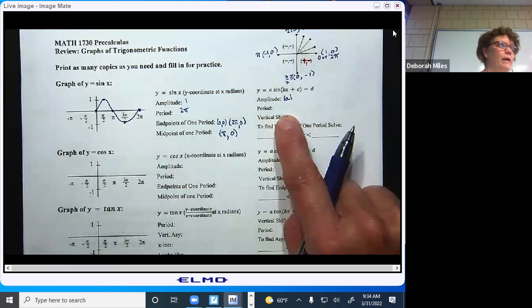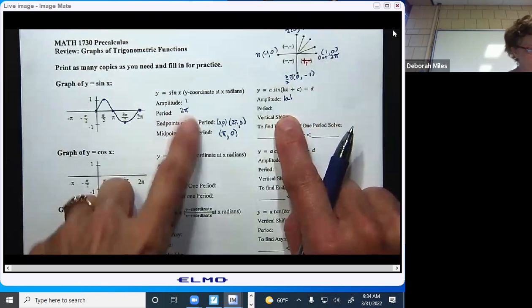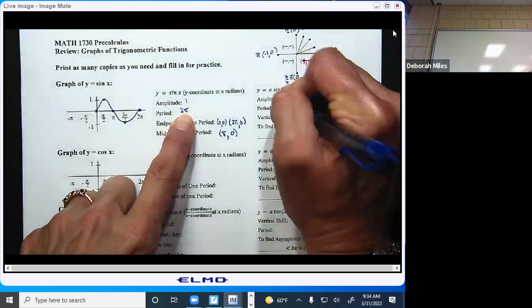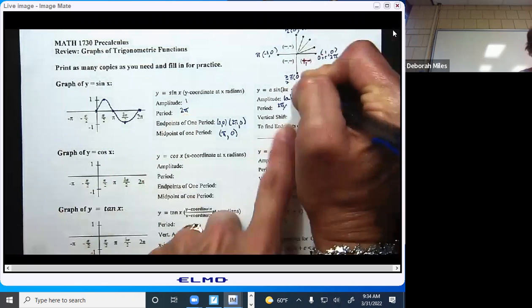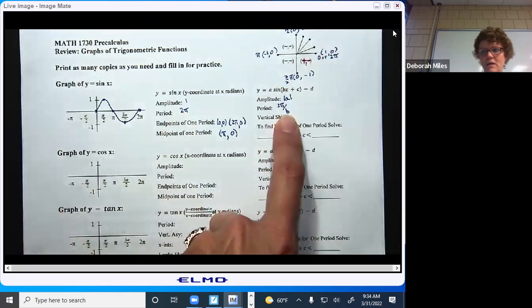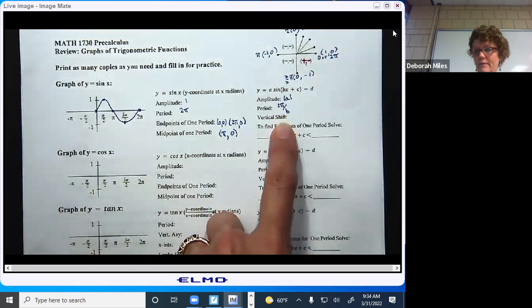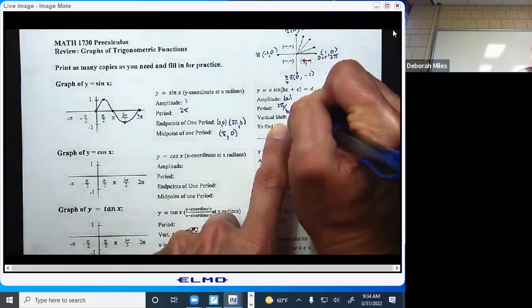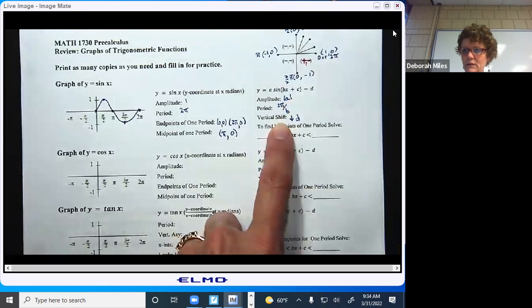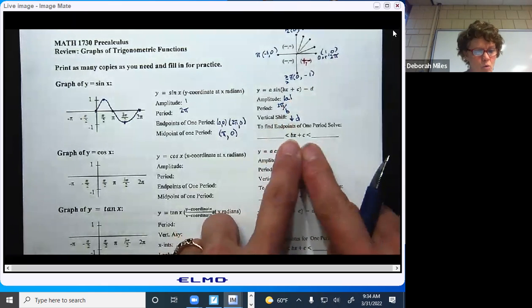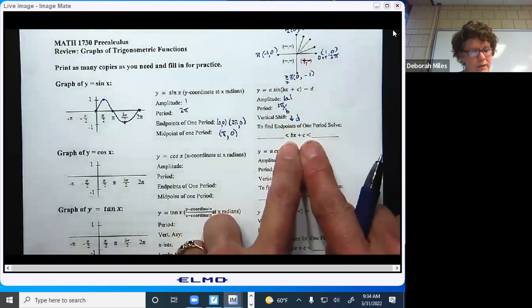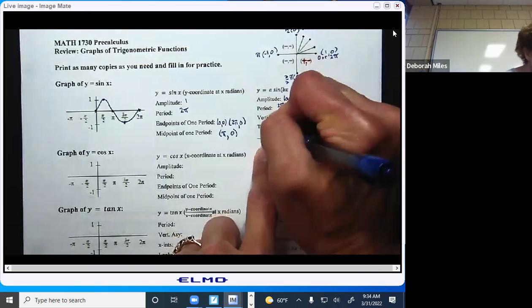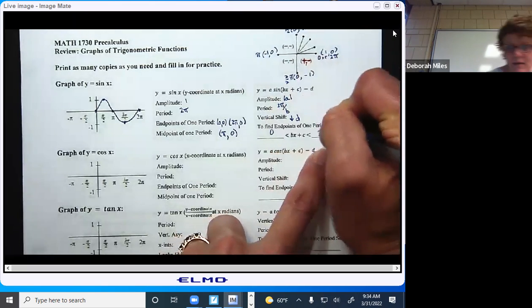Normal period, whatever it is, divided by the coefficient of x. This is normal period, 2 pi, divided by the coefficient of x, which is B. The vertical shift for this graph is down D units. And to define the endpoints of one period, you set that argument between 0 and 2 pi.